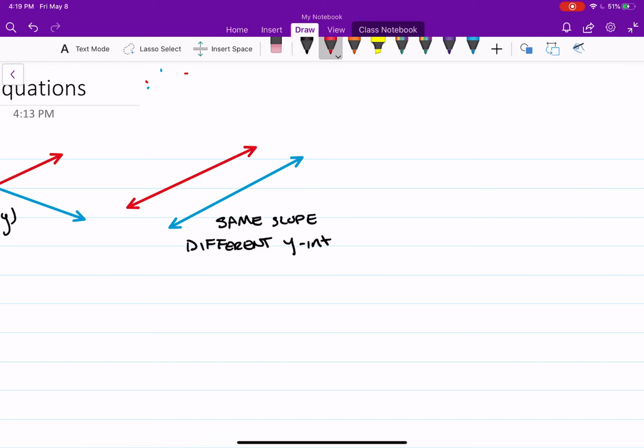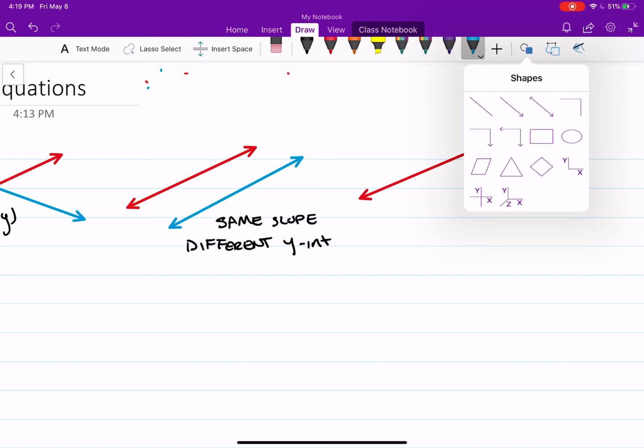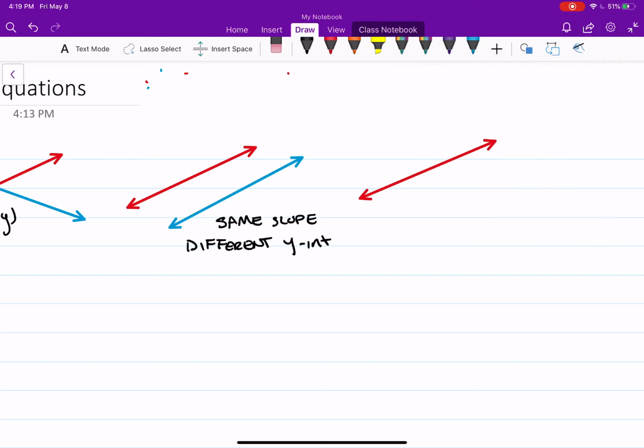All right, so there's my red. Where will my blue go? Well, it's literally the same exact line, meaning they're literally on top of each other. So that means it's not just the same slope, but also the same y-intercept, okay?